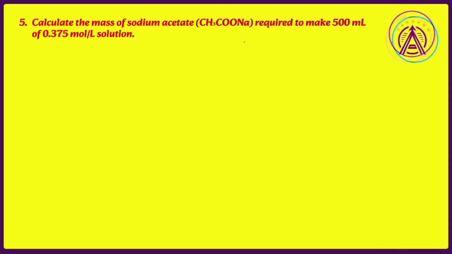And there are different ways to express the concentration of the solution: parts per million, percentage mass. Percentage mass means how many grams of solute there are in the total solution.